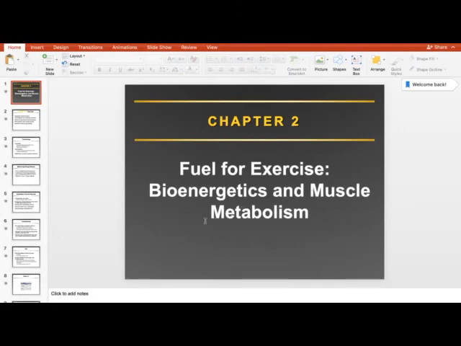And muscle metabolism, meta. Meta is like a sum of, and bolism is like creation or breaking down. Like there's catabolism and anabolism. Anabolism is the building up of stuff. That's where you get the word anabolic steroids, because anabolic steroids build up protein.